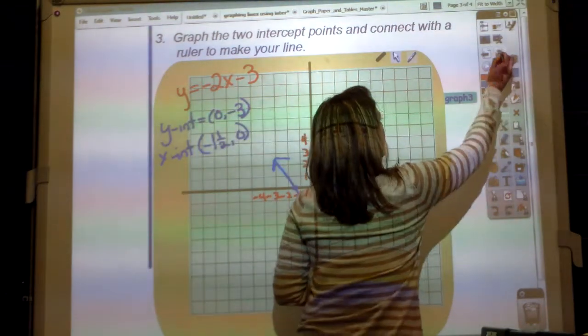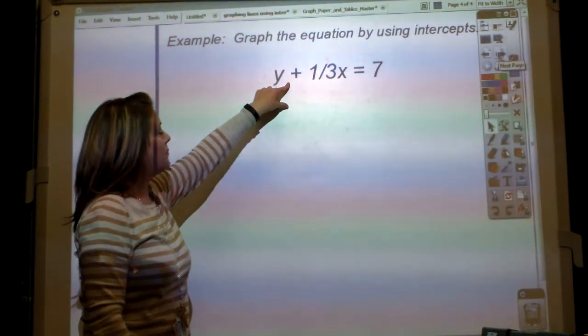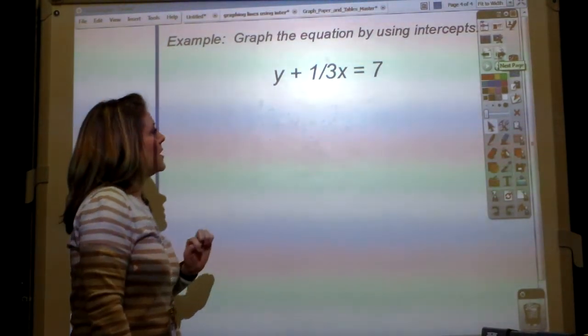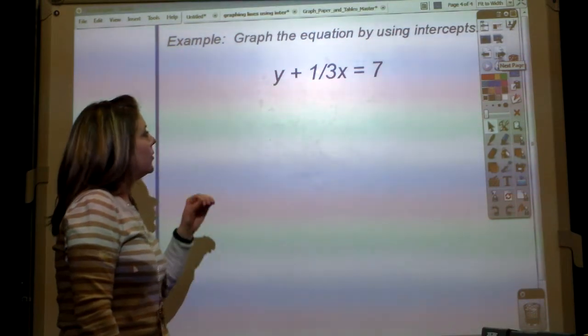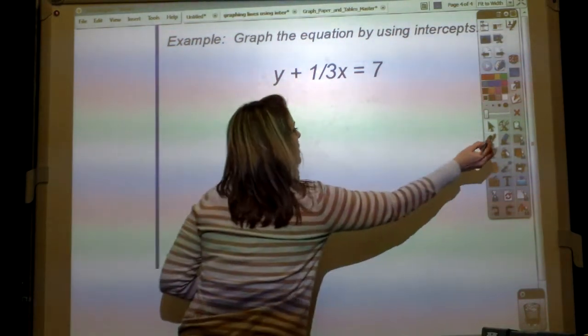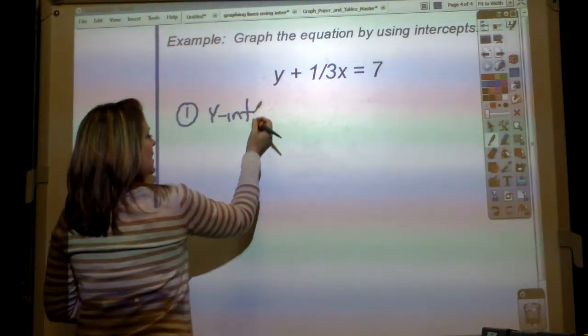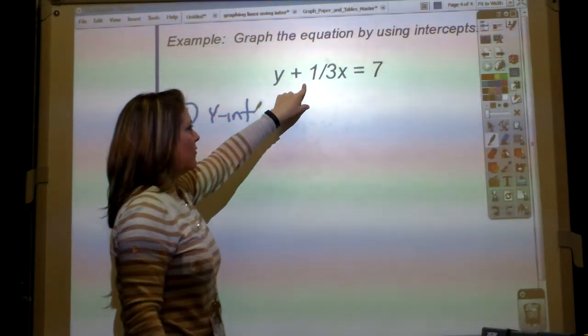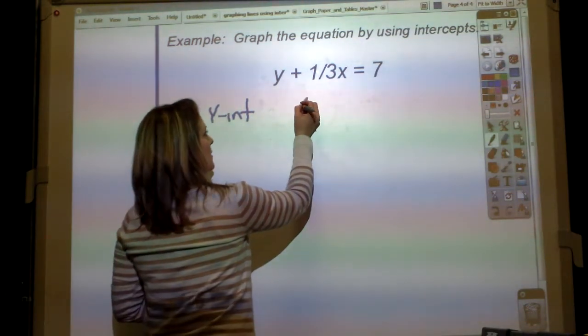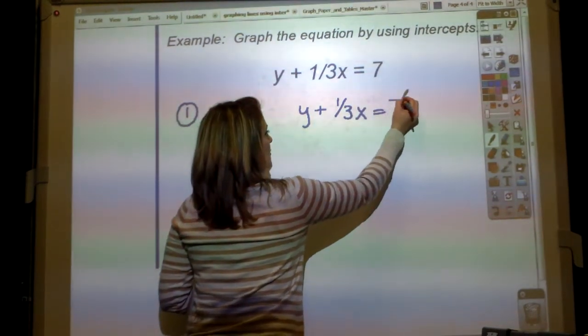Let's do one more example. We're going to graph the equation y plus 1/3 x equals 7. So we are going to first find the y-intercept, and that is by solving this equation for y so that we have it in slope-intercept form.